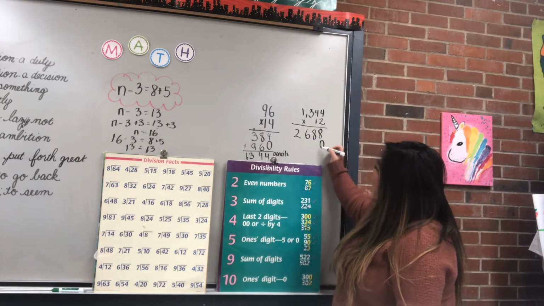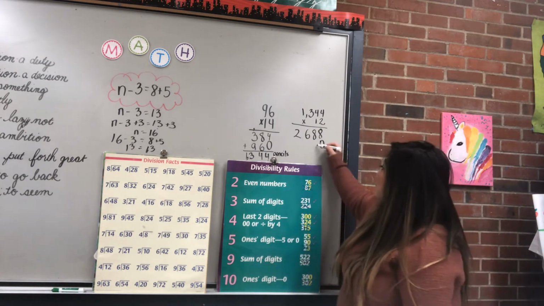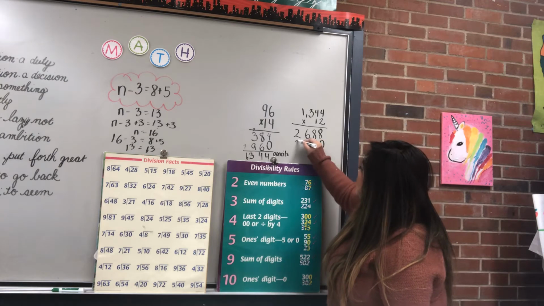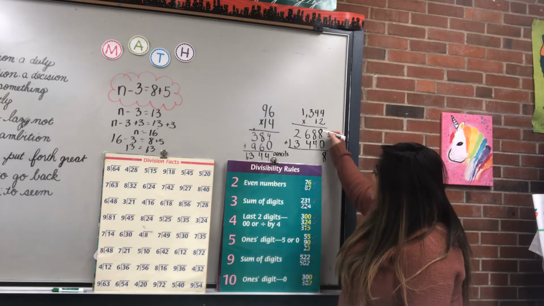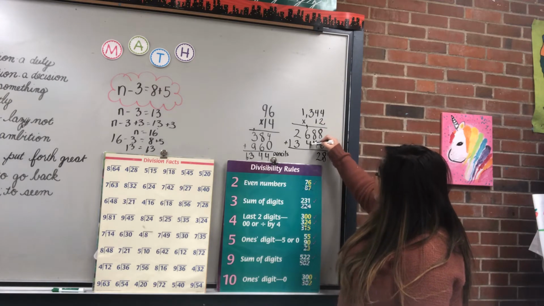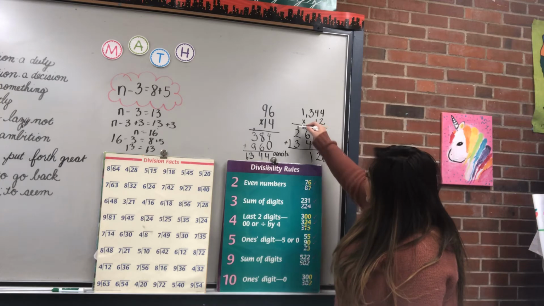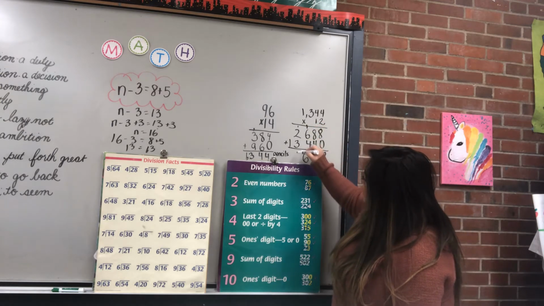Put a 0, and then 1,344 times 1 is 1,344. So you just copy it super quickly and add. 8 plus 0 is 8. 8 plus 4 is 12. And 6 plus 4 is 10, plus 1 is 11. Carry the 1, and 1 plus 2 plus 3 is 6, and then 1.